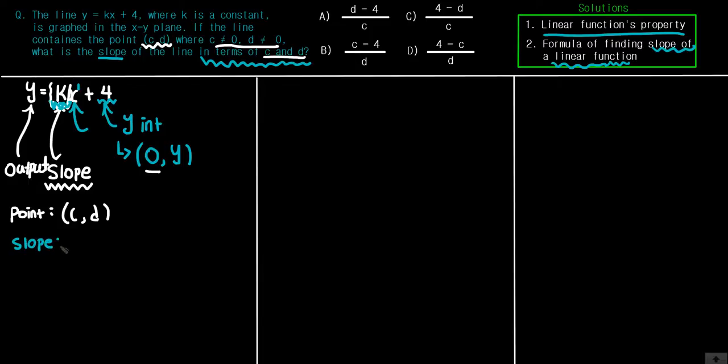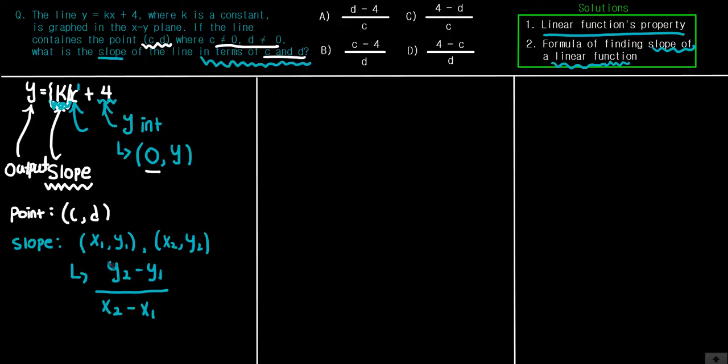The way to find the slope is the formula that we did in the last video: if there is a point x1, y1, and another point x2, y2, the way to find it is by subtracting y1 from y2, over x2 subtract x1. And this is how we find the slope of the function.